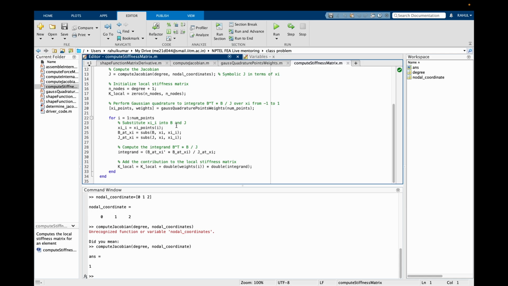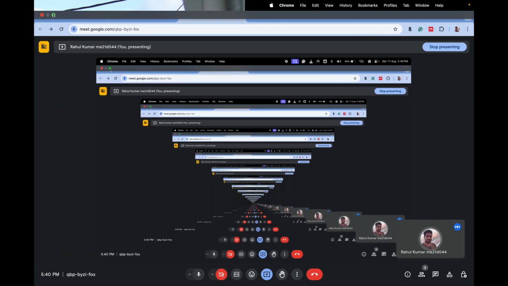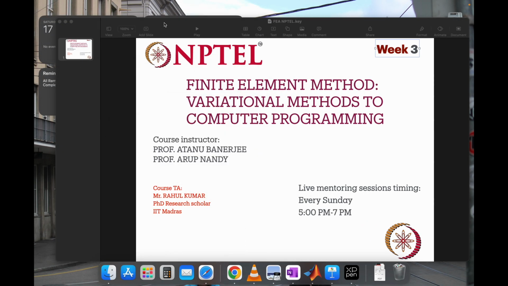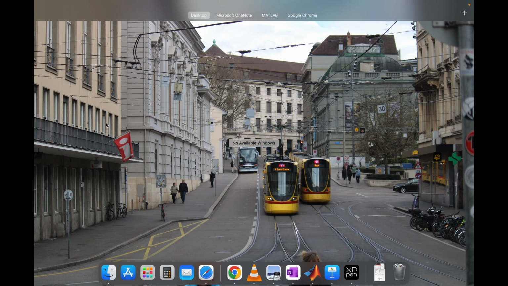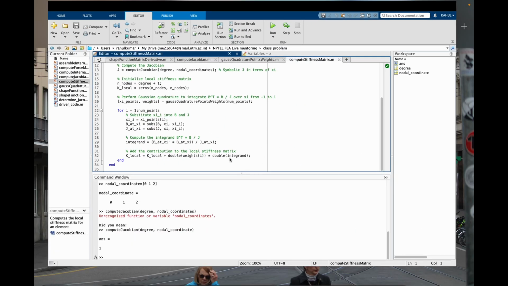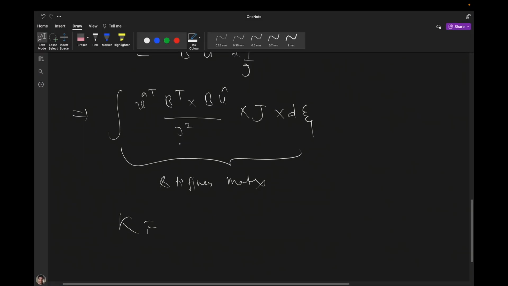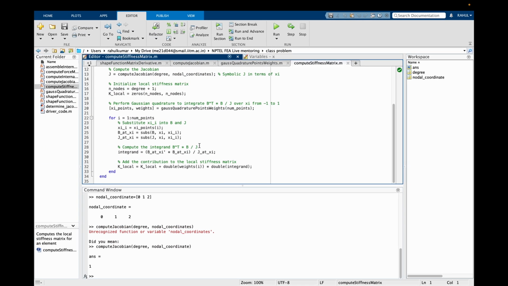So first we have to find xi, xi at the xi point. Then B. For B, J, everything we have to write in terms of zeta, so B, J, everything I have written in terms of zeta.